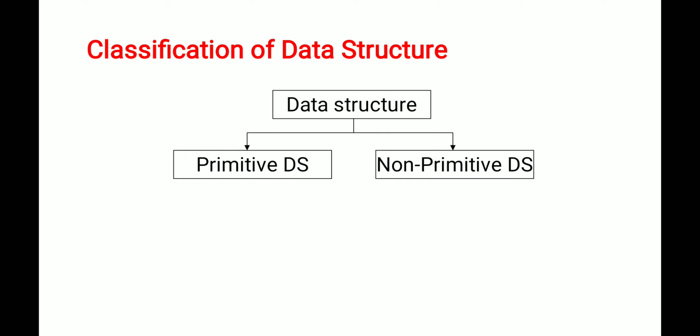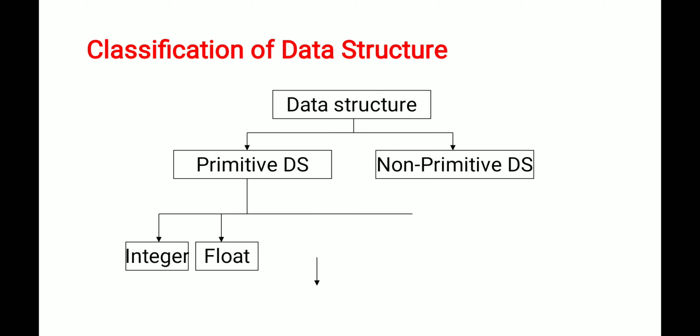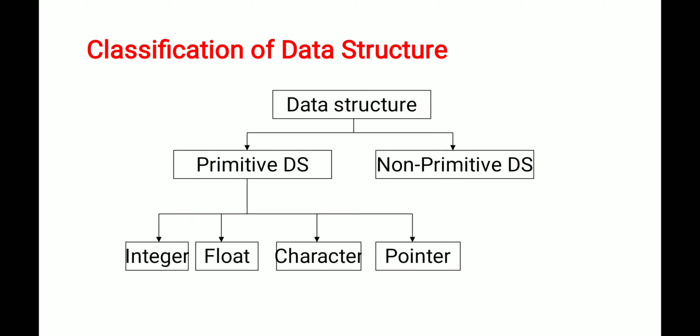Primitive data structure means the primitive data types we use to store the data. Examples of primitive data structure are integer, float, character and pointers. When we use those to store data into the memory, we can store only a single value.